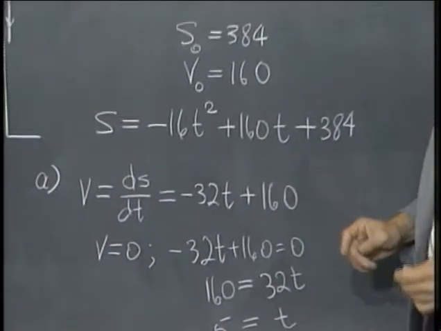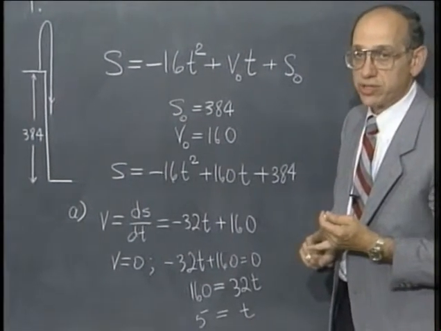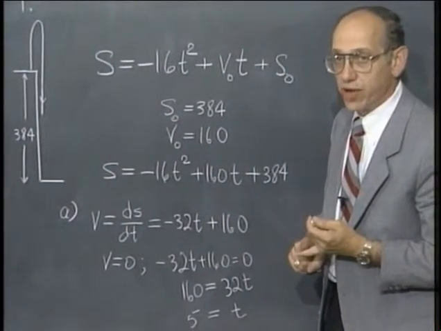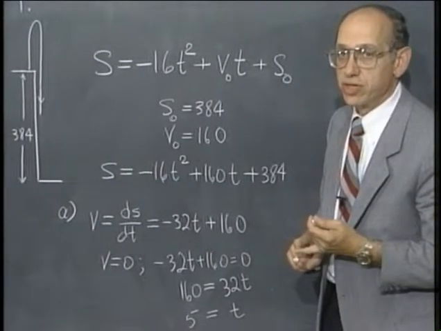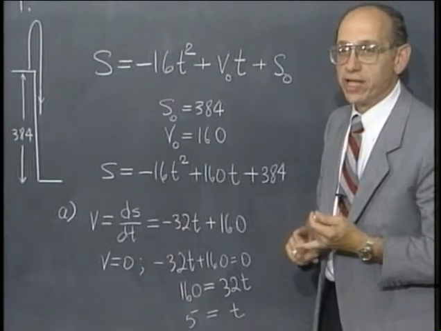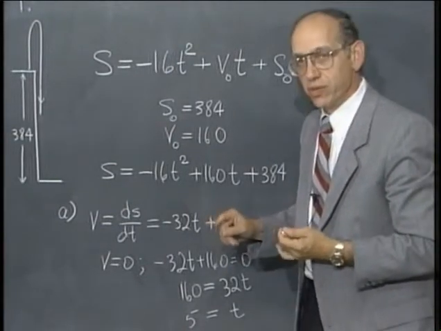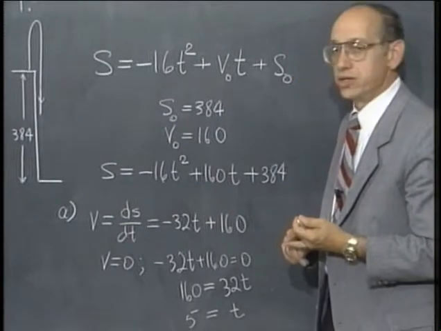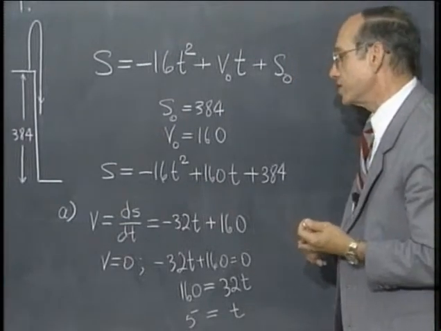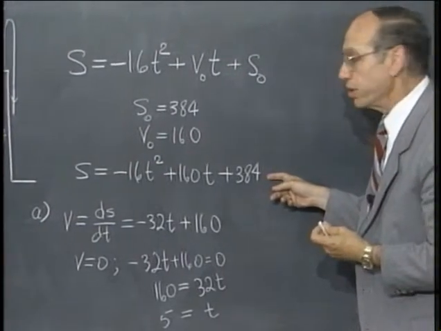What do we have? At t equals 5 seconds, the velocity of the particle is 0. That means at t equals 5 seconds, the particle has reached its highest point. But we want to know what the highest point is. That means we want to know what s is when t is equal to 5. So we go to the original equation for s, and we substitute in it t equal 5.